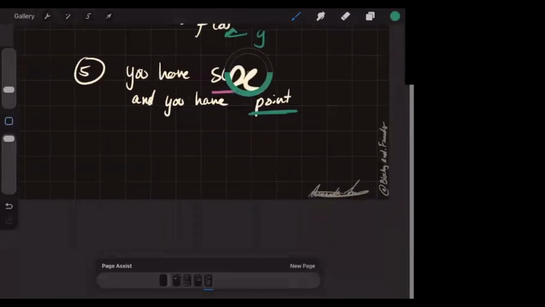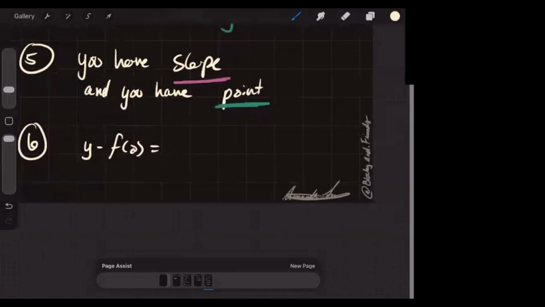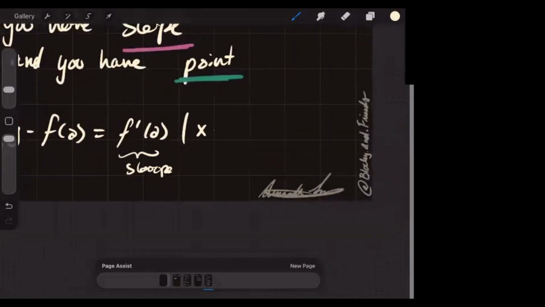I sure hope you know how to put a function into point slope form, because then all you've got to do is say, oh, y minus f of a is equal to f prime of a, because that's your slope, times x minus a.